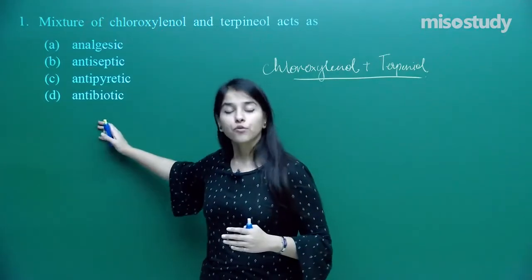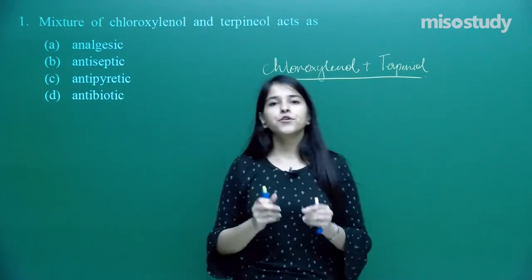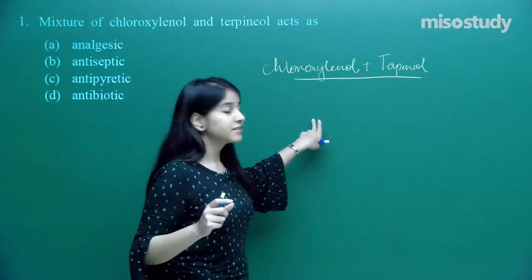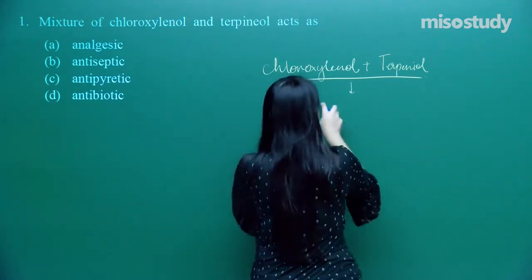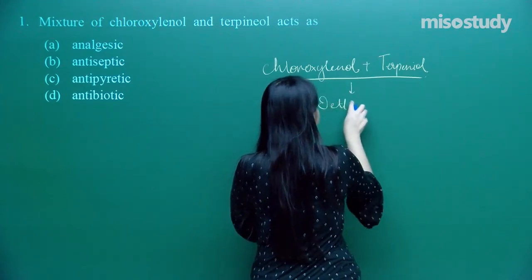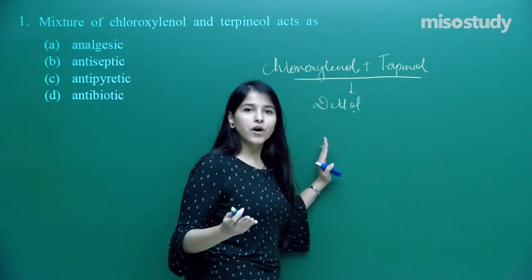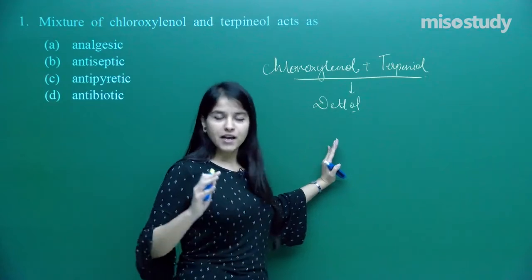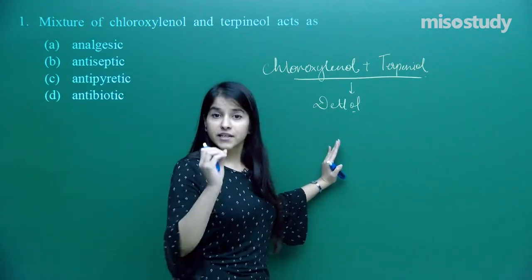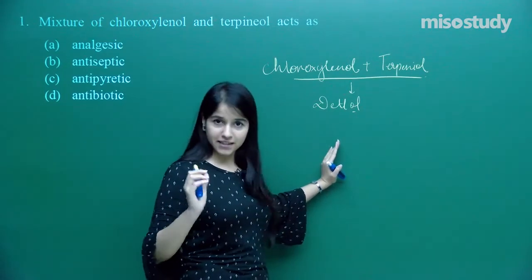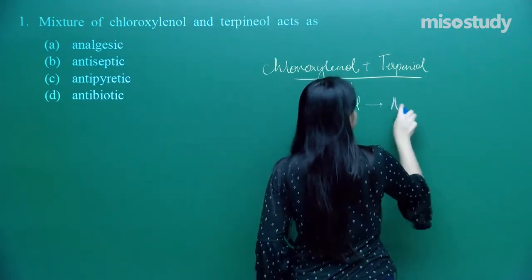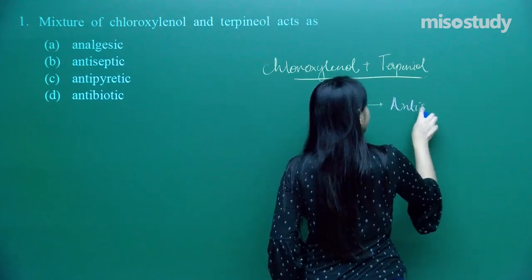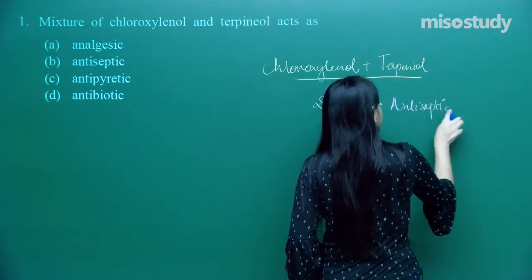So I hope you remember that this is nothing but the mixture which is found in Dettol. We all know Dettol is a very important chemical that we use in daily life. That is an antiseptic. Yes, you are absolutely correct. That is antiseptic. So we are clear with the answer.